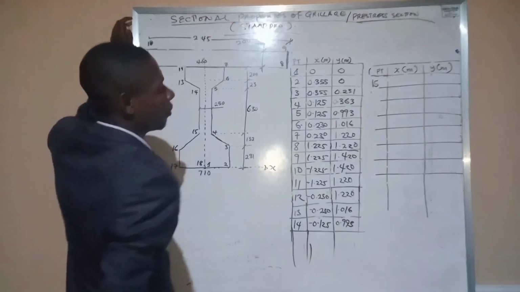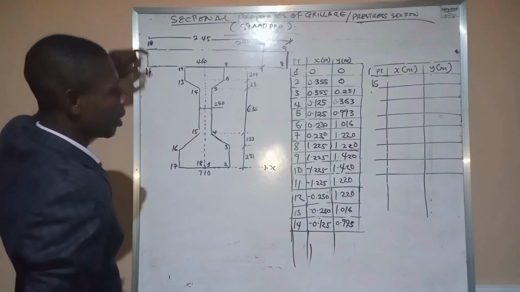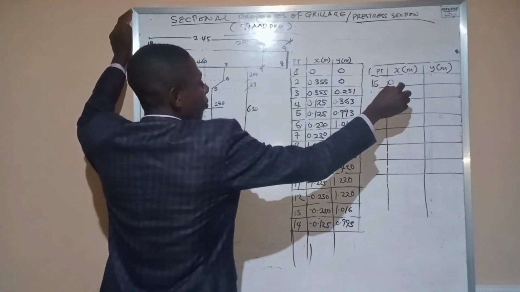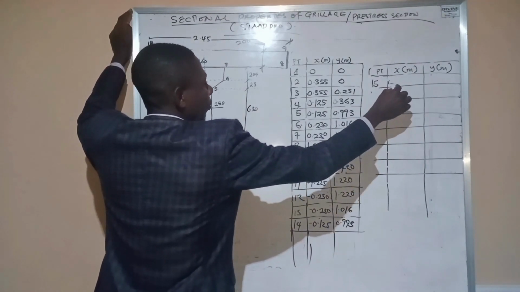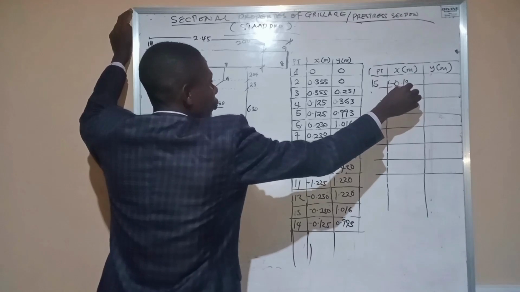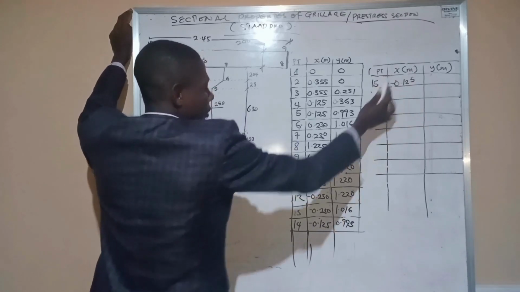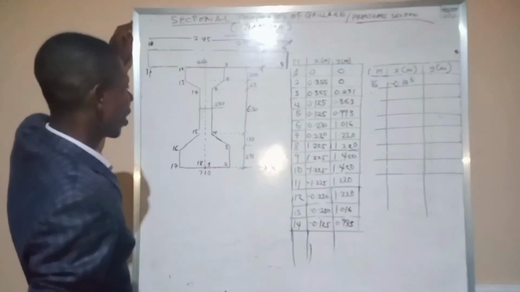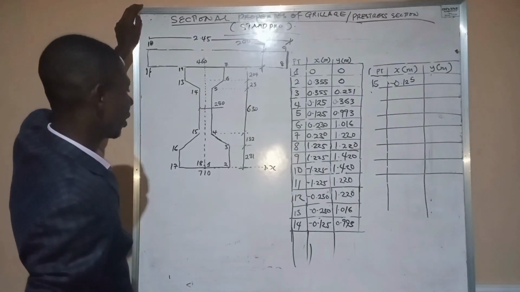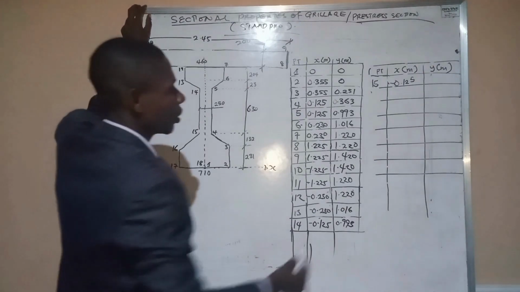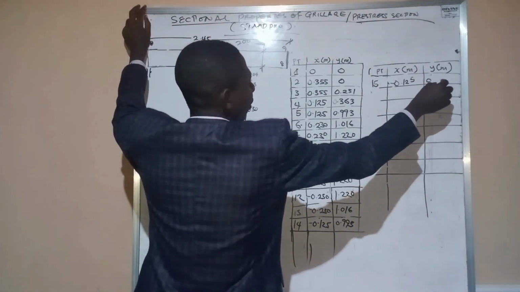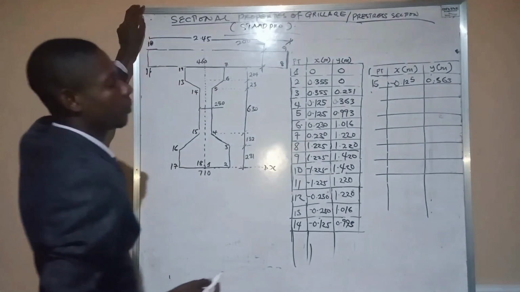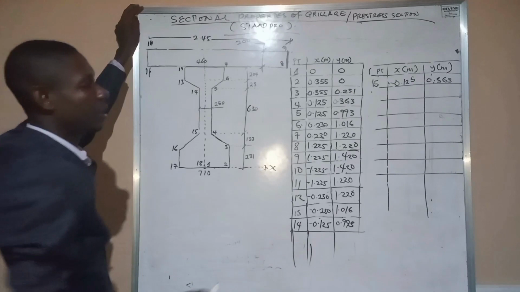For point 15, we're going to have the s coordinate to be minus 0.125, and the y of it is going to be that of point 4, which is 0.363.